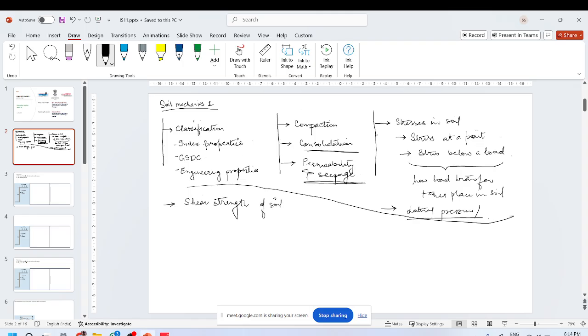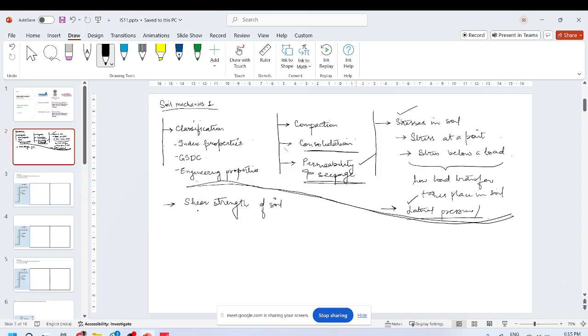Given all these properties of the soil and the behavior, this is how the soil behaves, these are properties of soil. So you studied the behavior of soil, how soil will behave in different scenarios, and then we talked about shear strength of soil.